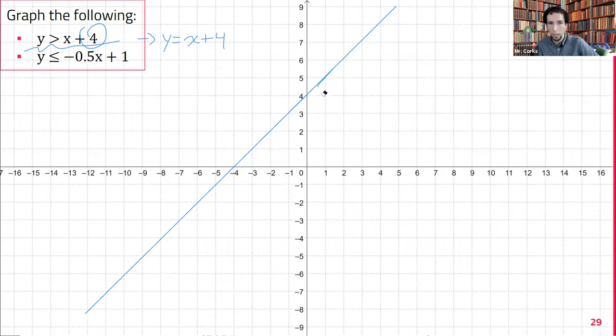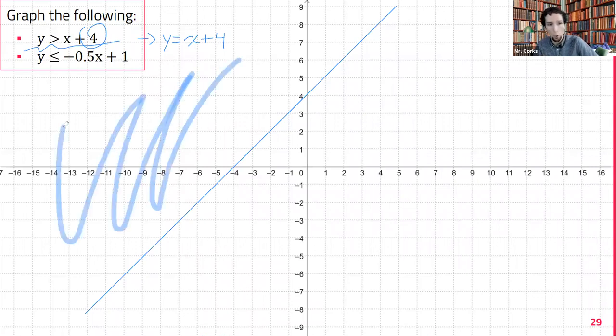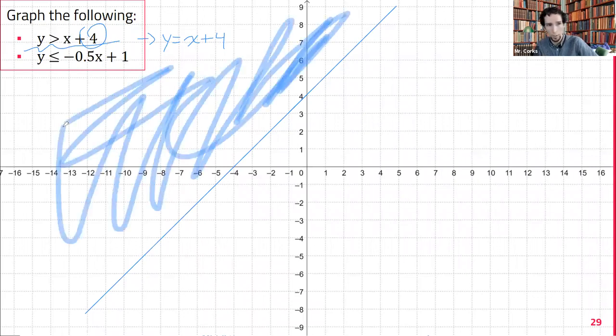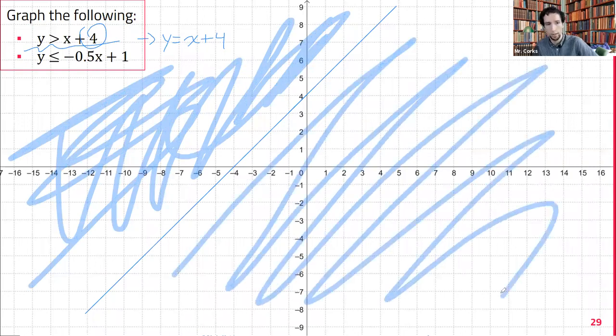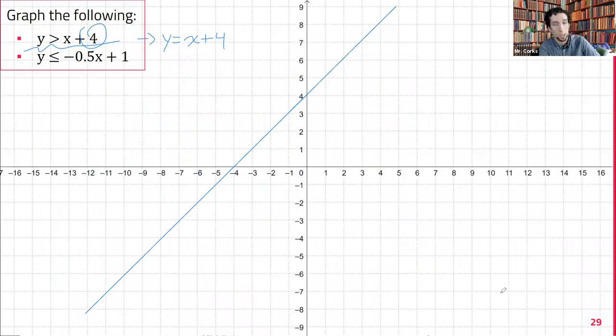But we have an inequality. So what else do we have to do with this? Shade some part of the graph. So y is greater than x plus 4, so either this whole side is the solution space, or this whole side is. Left one. Why the left one?